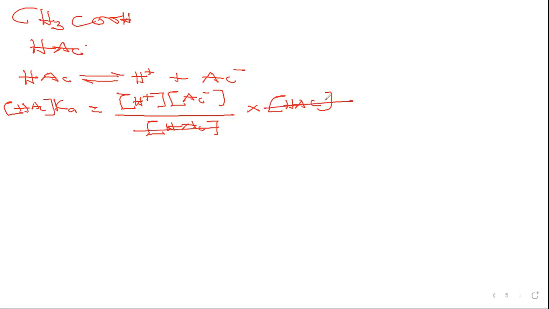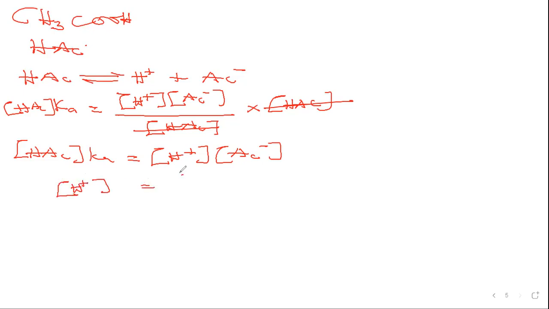So I'm going to have Ka giving me H plus multiplied by the concentration of Ac minus. But my attention is on H plus, so I'll divide through by this. I'm going to get my H plus to be Ka times acetic acid divided by the acetate anion.